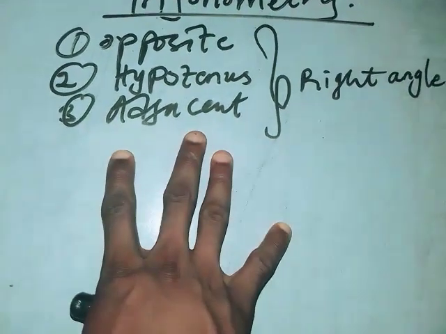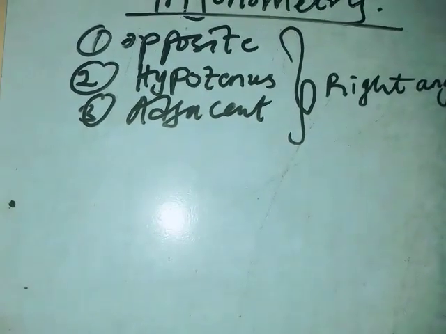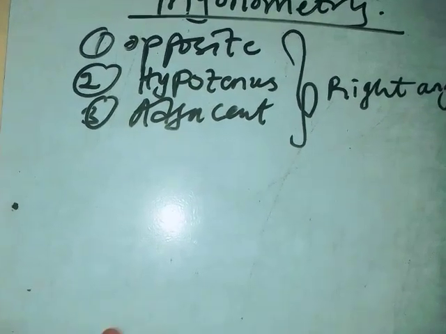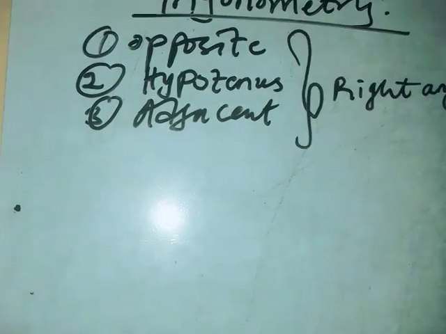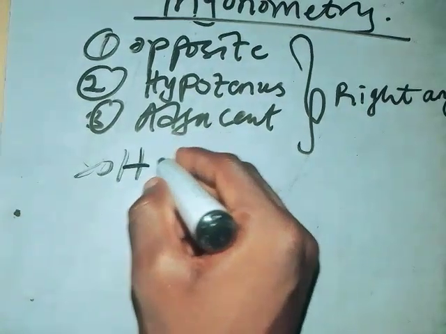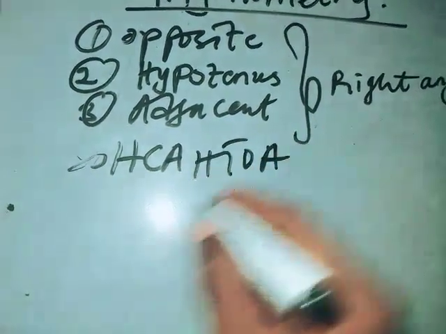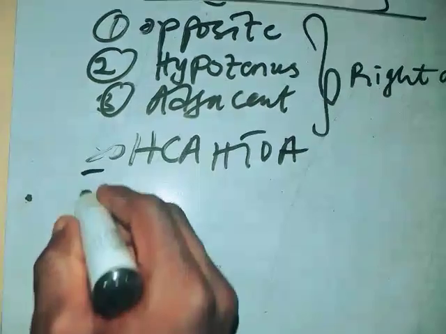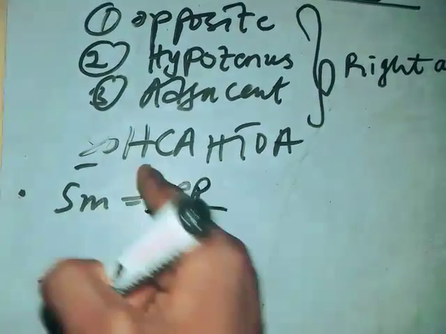Okay. All right, and there is one principle abbreviation that is used to get the cos, the tan, and the sine. It is called SOHCAHTOA, S-O-H, C-A-H, T-O-A. Now, S stands for sine, which is equal to opposite all over hypotenuse.